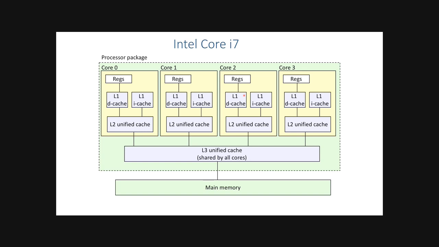And now, as I was saying, even sometimes 8. And the difference here is that another level of cache has been added that gets shared by all of the cores. And we're going to be talking a lot about these levels of cache and how things work going forward. And then we still have our main memory down here. So each of these cores now has their own registers as well, and therefore can be executing different programs or parts of a single program that's been parallelized.